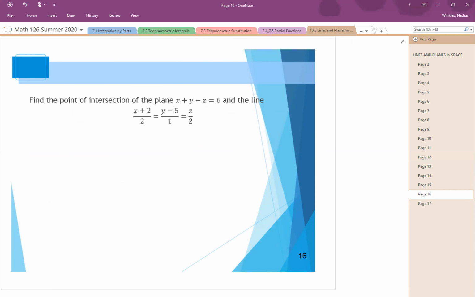So now for this next example, it says find the point of intersection of the plane x + y - z = 6 and the line (x + 2)/2 = (y - 5)/1 = z/2.